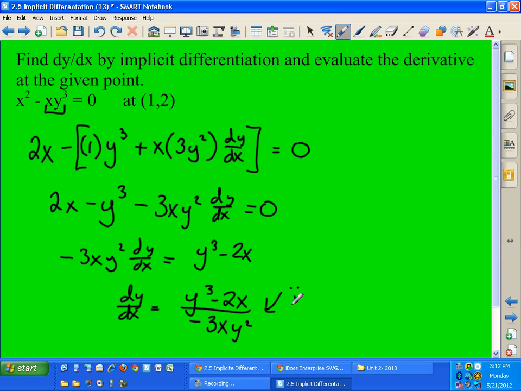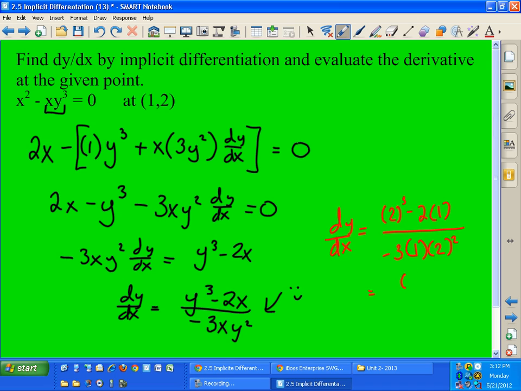So dy dx at the point 1, 2 means I get 2 cubed minus 2 times 1 all over negative 3 times 1 times 2 squared. Just plugging in my values, that gives me 8 minus 2, which is 6 on top.